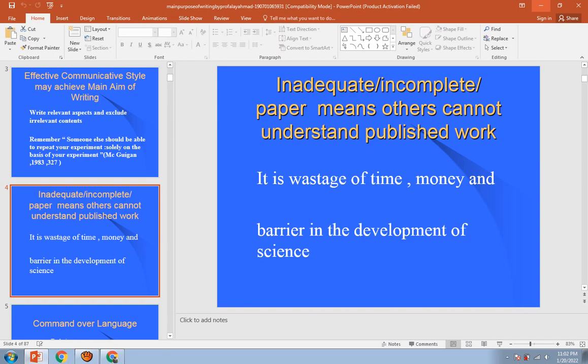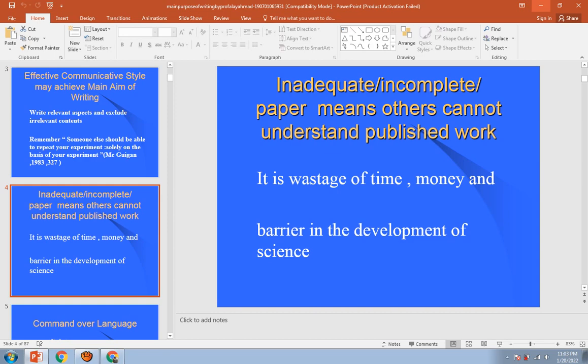Now, please note that incomplete, inadequate paper means others cannot understand published work. So it must be complete, otherwise readers will be unable to understand your research work.